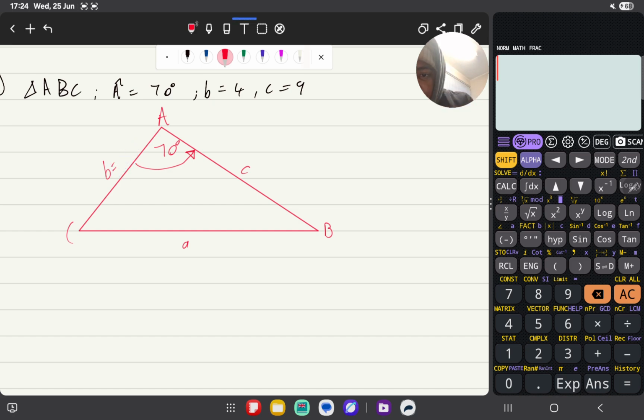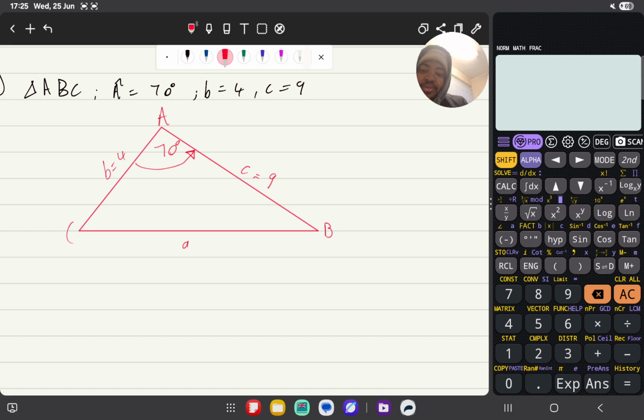You have b being 4 and c being 9. Do you realize that for the area rule and cosine rule, we use the two adjacent sides that form a particular angle? For example, here the first thing we will find is a, because it's easy to do with the cosine rule.